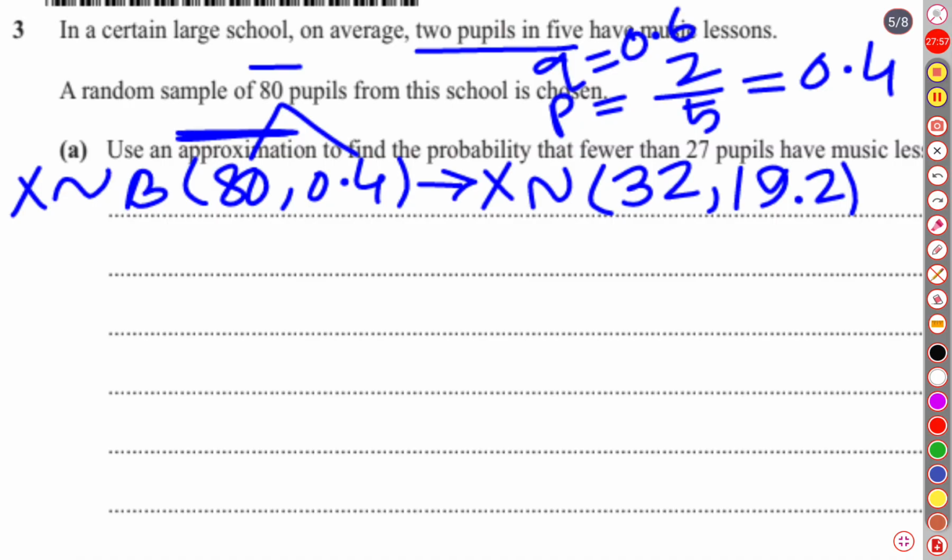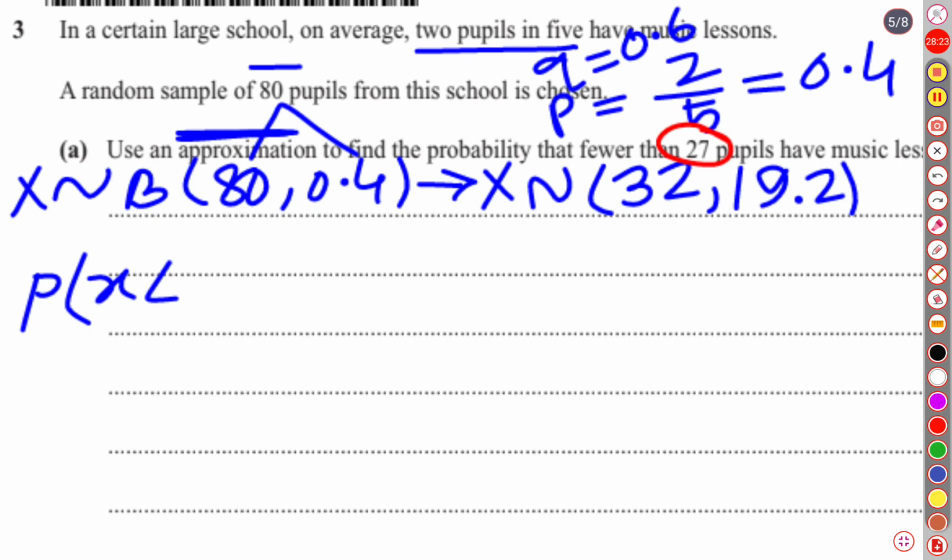Well, then they have told us to find the probability of X less than, look at this, fewer than 27 pupils. Okay, so we will write less than 27, but remember we are converting a binomial distribution into a normal distribution.